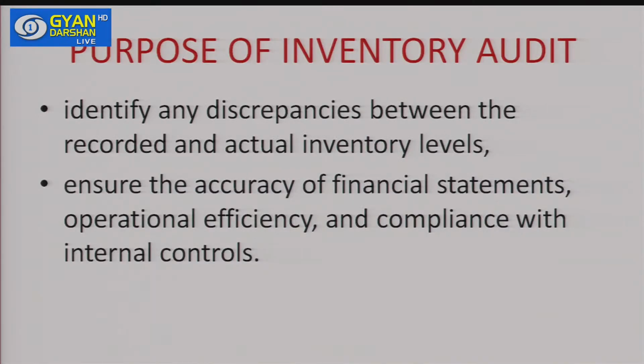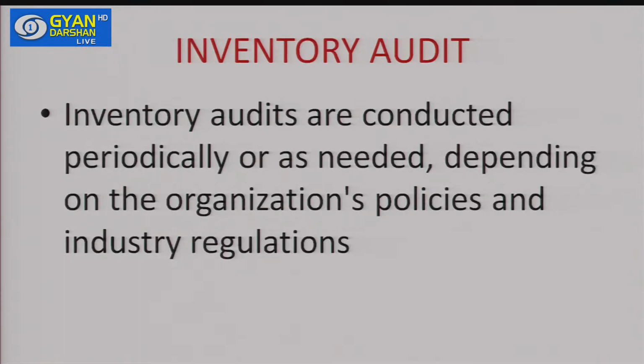Now what is the purpose of inventory audit? We try to identify the discrepancy and we ensure that all the financial statements and operational efficiencies are accurate and complying with your control system. They are also needed periodically or continuously.